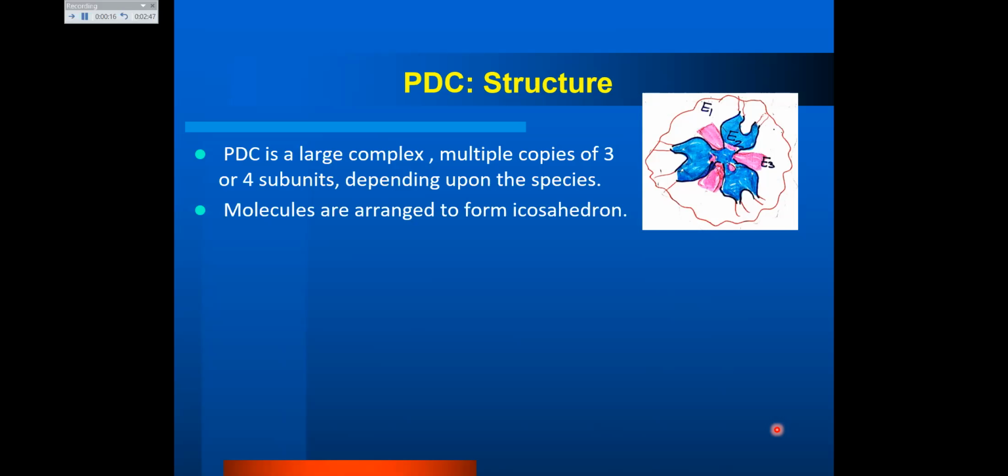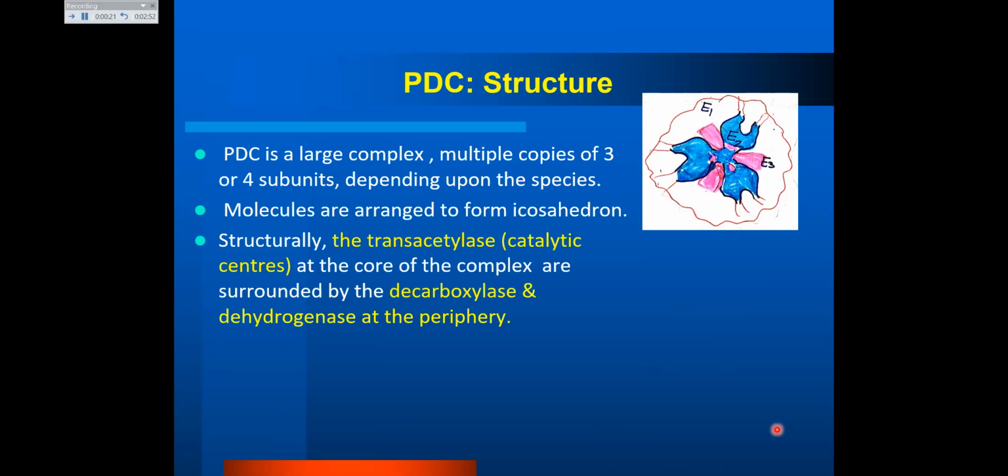The molecules are arranged together to form an icosahedron, and if you look at the structure of PDC from the surface, the transacetylase, that is enzyme E2, lies at the core of the complex, and it is surrounded by the other two enzymes E1 and E3, such that the transacetylase lies at the core and the decarboxylase and dehydrogenase enzymes lie at the periphery.